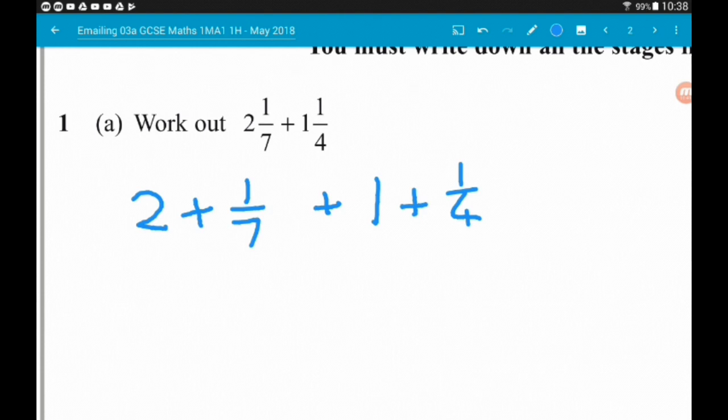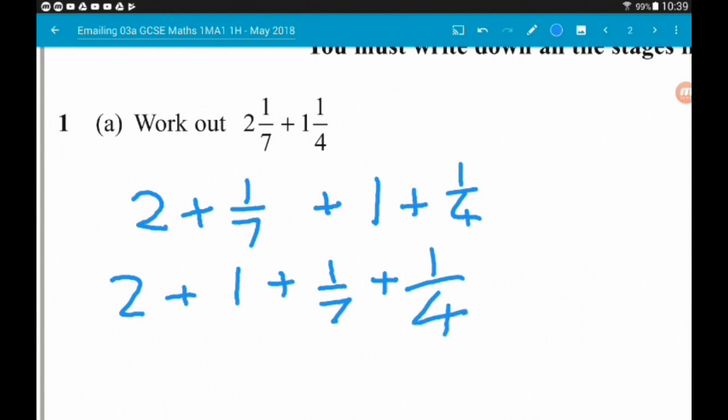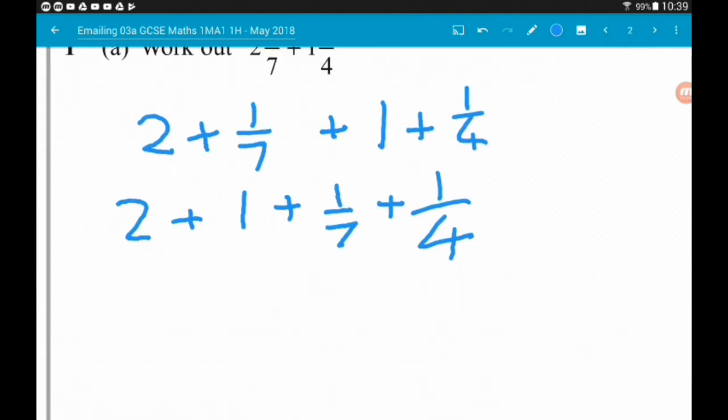So we can reorder this to 2 plus 1 add 1/7 add 1/4. 2 plus 1 on a good day is 3.